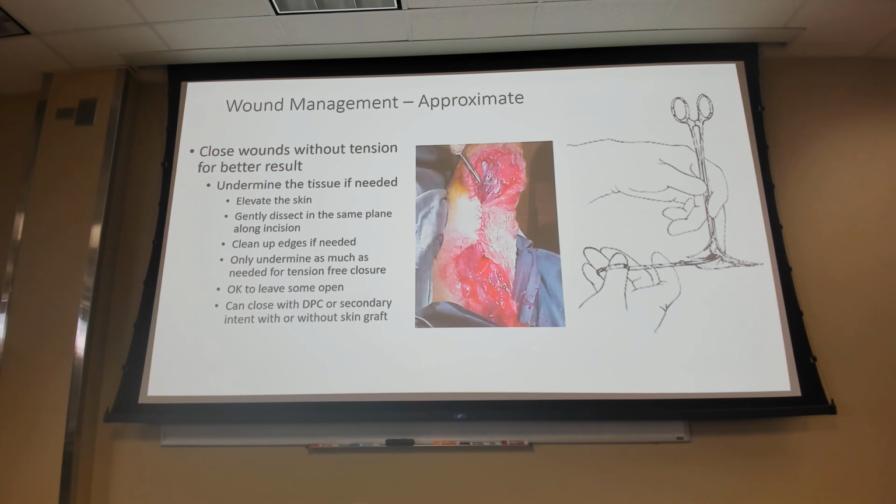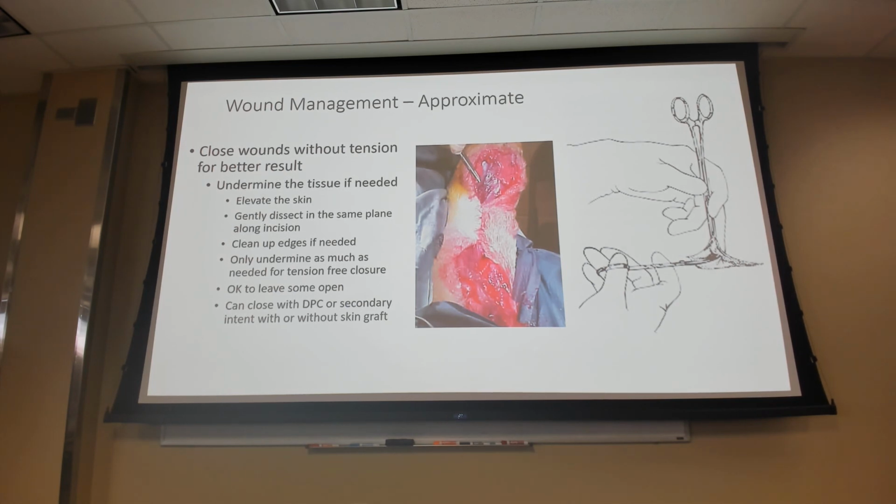The other issue is if you have significant soft tissue swelling under it, you'll have to remove some of that tissue. We call it undermining some of the edges, removing some of that tissue. And then we try to approximate some sort of plane that we can line it up on if we're going to primarily close it.